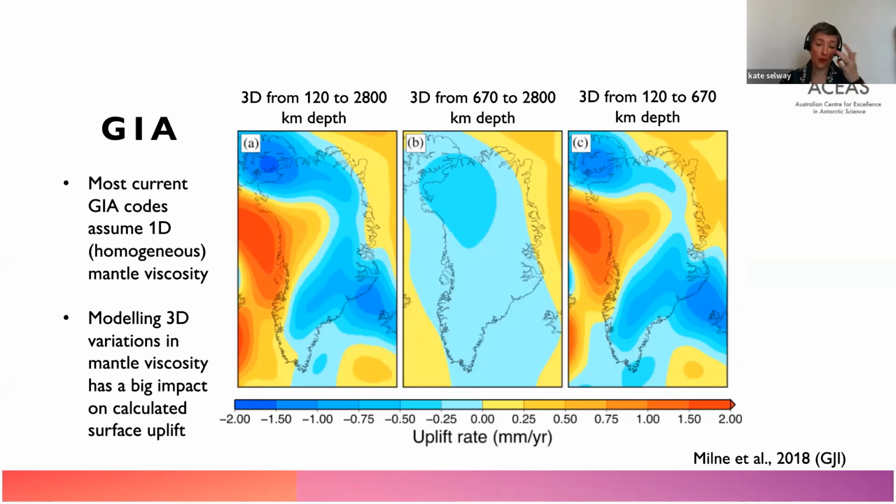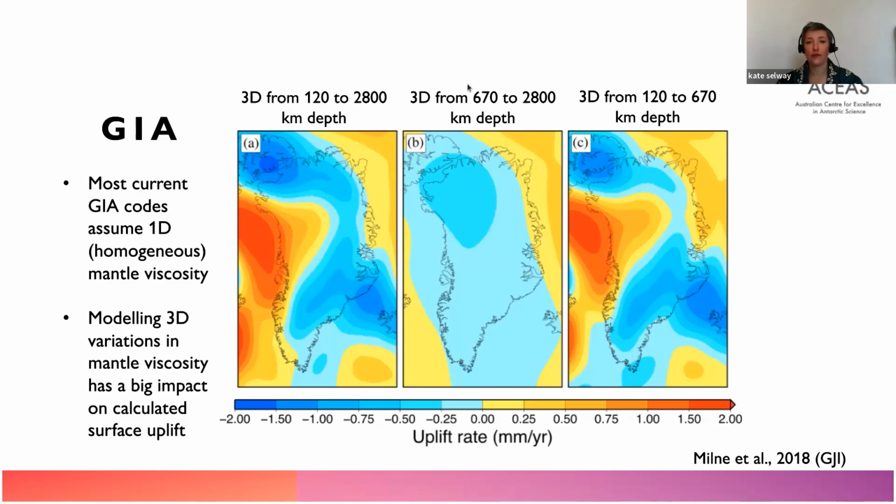So this is just a model from Greenland showing the comparison between those 1D assumptions that are in a lot of current models, the comparison in the uplift rate that we would measure of the Earth's surface from those 1D models, and if we allow the Earth to actually change in viscosity in 3 dimensions.